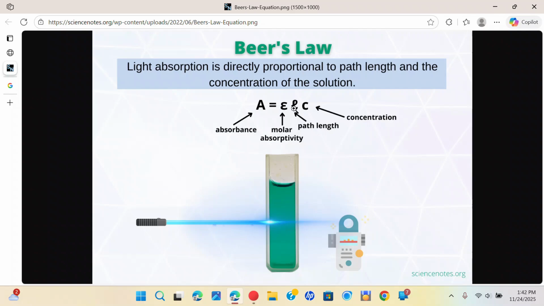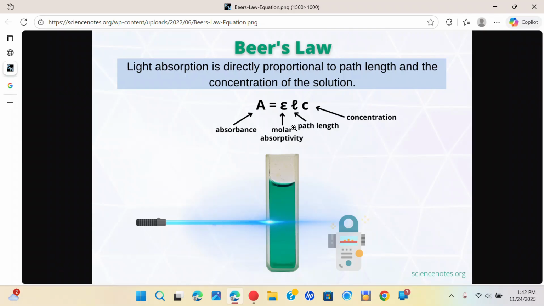The molar absorptivity is constant; we would already have been given it for that substance, the path length is usually 1 centimeter, and the absorbance will be what we get from the colorimeter. So just rearrange the equation and you find the concentration. Then you can make that graph.